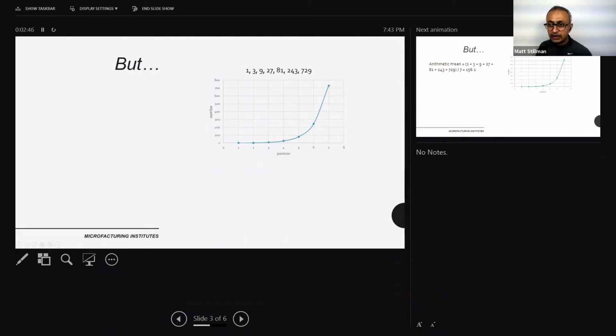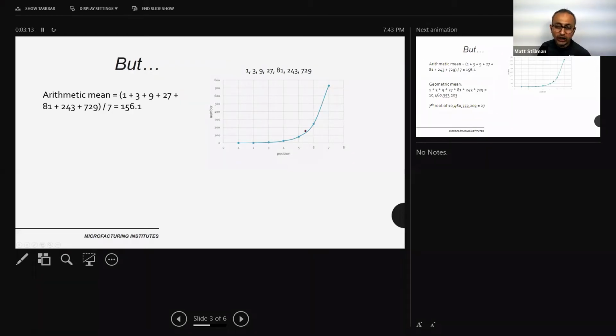When you do the arithmetic mean, it gives you 156.1, but that's nowhere close to the true mean, because to capture the central tendency of this data series, you would want 27 to be the mean, because that's the midpoint.